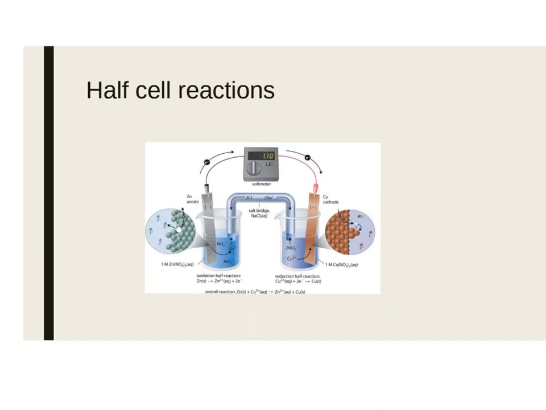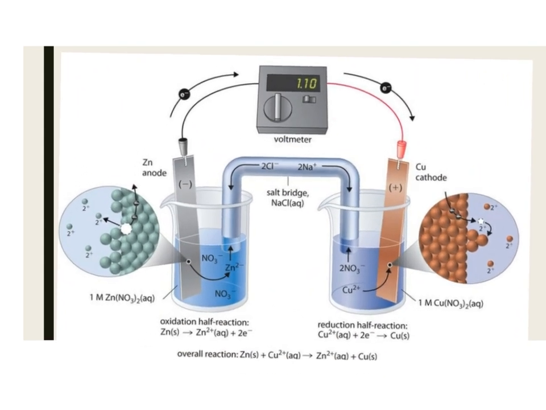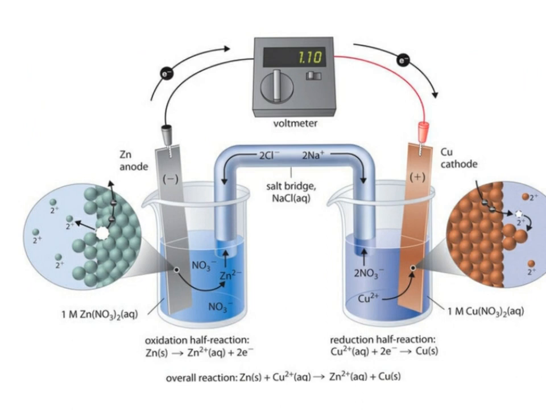Okay, so now in this electrochemical cell or the galvanic cell, we'll look at the half reactions that take place. So we have two half cells here, as you can see in this diagram. Let me zoom in. So on your left side, here we have the anode half cell where the oxidation half reaction happens.